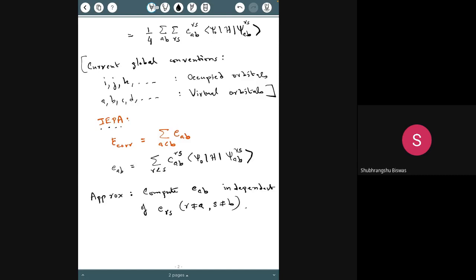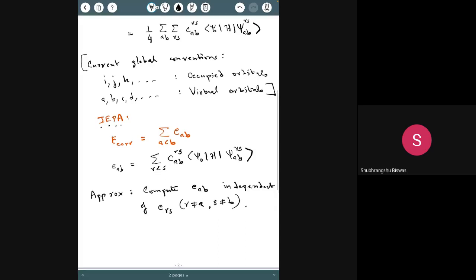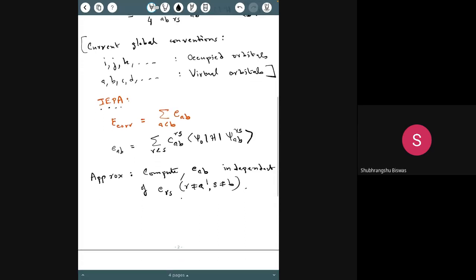So how will we do this? We again go back to the expansion of the wave function. Here I can tell you something. The theories that we do in this advanced quantum chemistry course are all called wave function based methods.